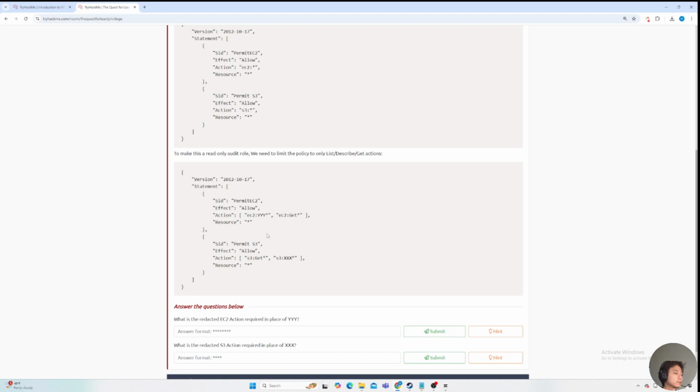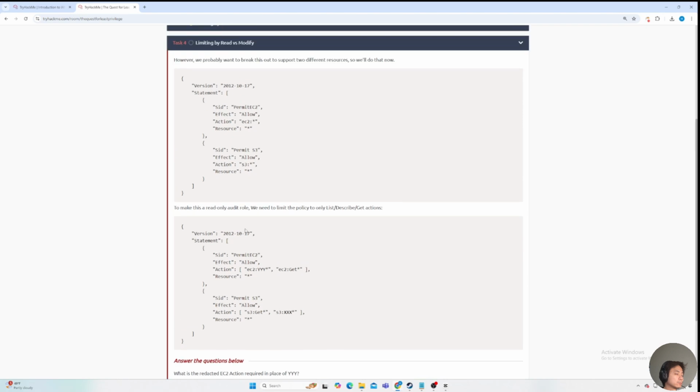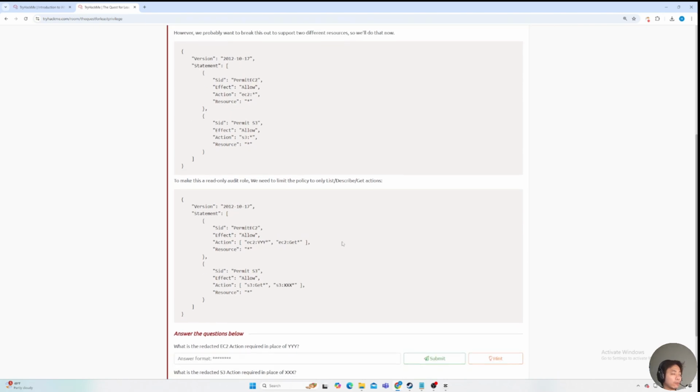Let's see, what is the redacted EC2 action required? Okay, remember, first we only had one statement. Now we have split the statement into two sub-statements, or two separate policies for two different resources. This first one is for EC2, and this second one is for S3 buckets.